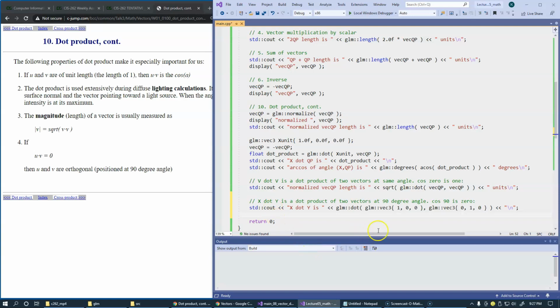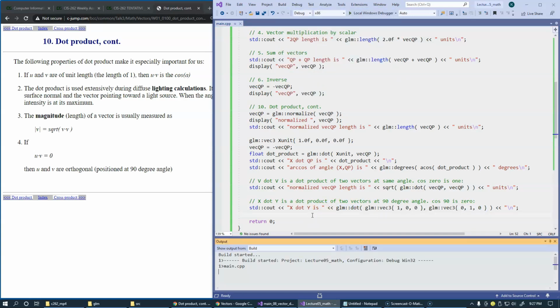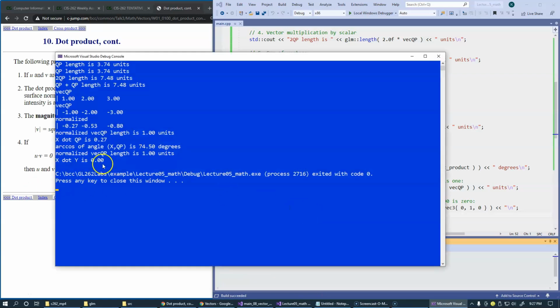Here we take the x unit vector and the y unit vector and compute the dot product. Let's see the result. The result is 0, as expected. This way we can verify the 90-degree angle between the two vectors.